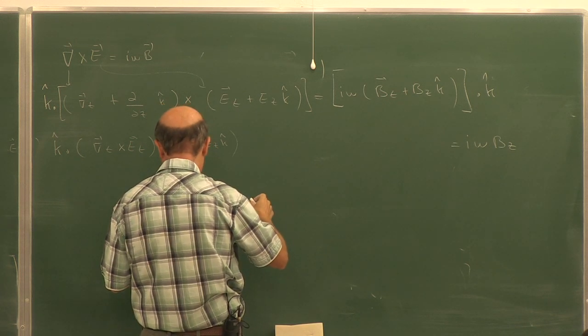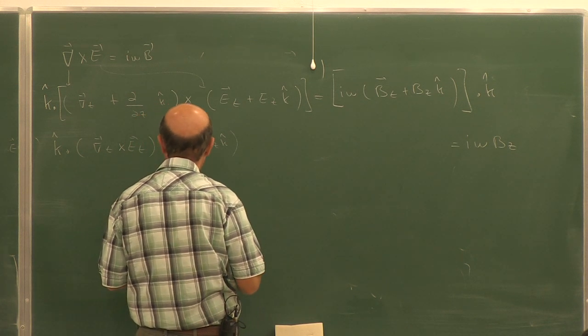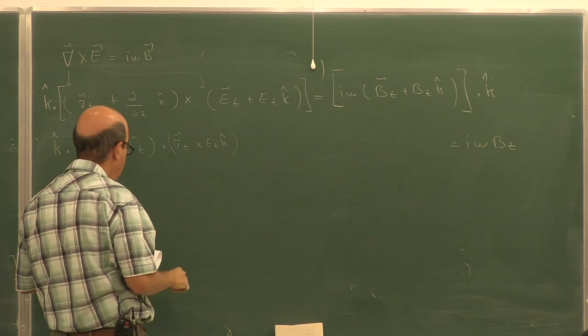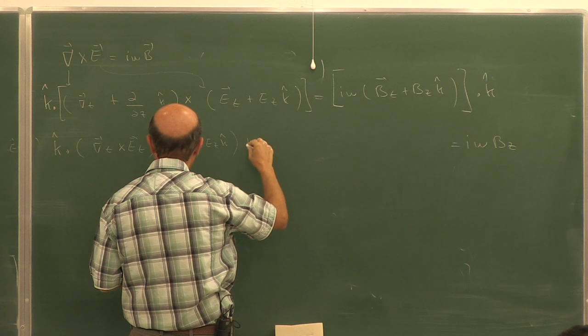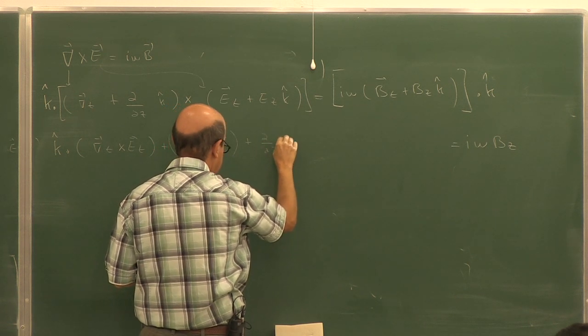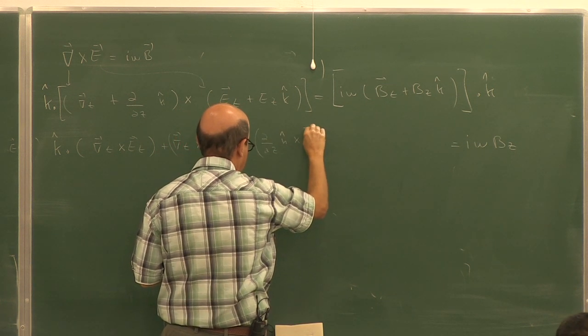So that you can write this as k cross E transverse, so that del over del z k cross E transverse.